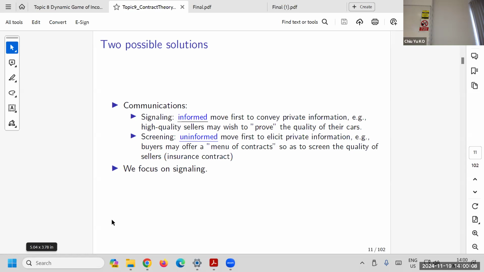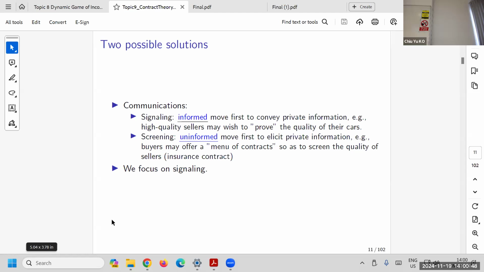Another is called screening. Screening is usually, in business, the insurance contract, right? For health or car insurance, they will usually give you different coverage with different prices. Low coverage, lower price. High coverage is very expensive. Why? Because the insurance company doesn't know whether you are sick or not. Healthy people are likely not to need so much insurance, so the low coverage will be cheap.